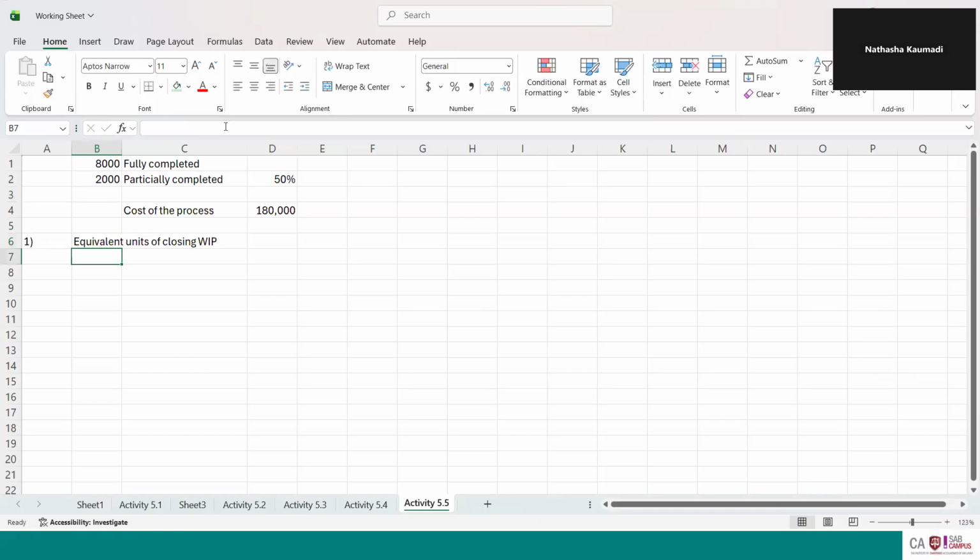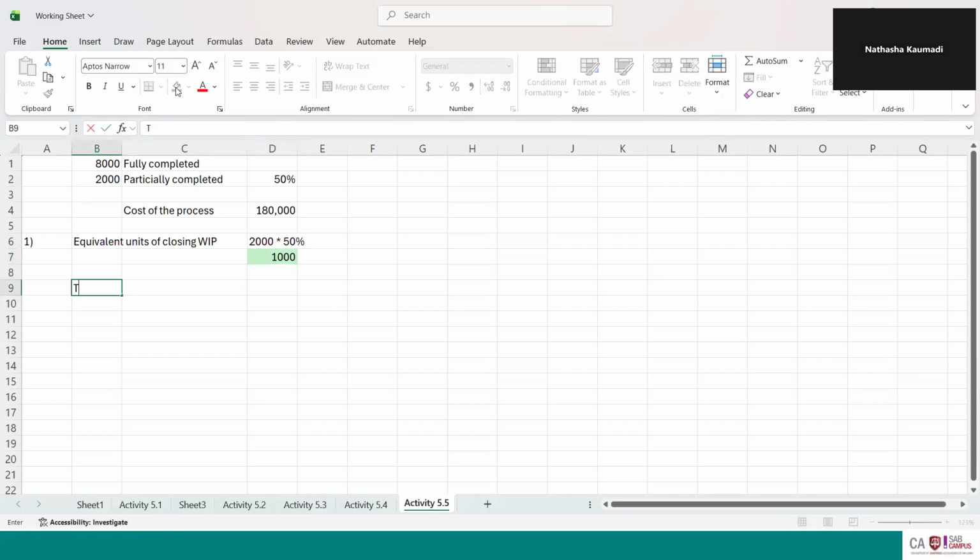We need to take the equivalent units value of closing WIP. How many closing WIP incompleted units are there physically? 2000 partially completed. This should be multiplied by the overall completion rate, 50%. Then 2000 multiplied by 0.5, 1000 equivalent units.